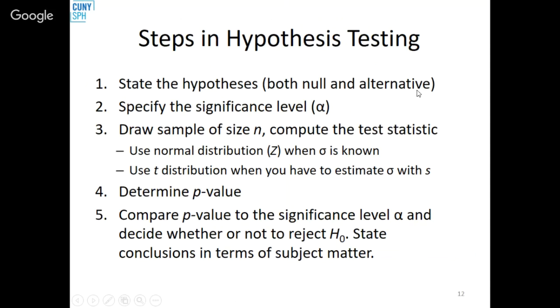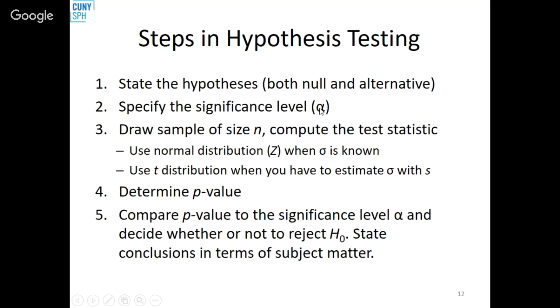This first step is really important. And it's something that you're going to be asked repeatedly to do, which is to state your null and alternative hypotheses. And I'll tell you how to do this, but I'm going to want you to do this in a formal and precise way. So having done that, you're going to specify the significance level, alpha.